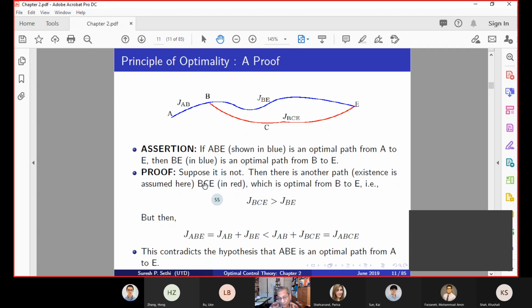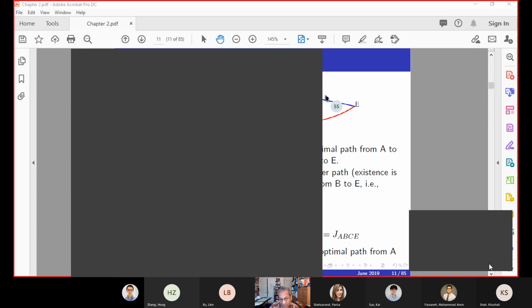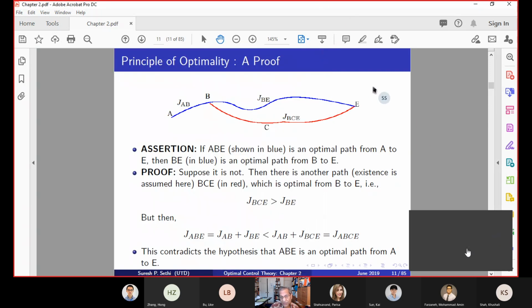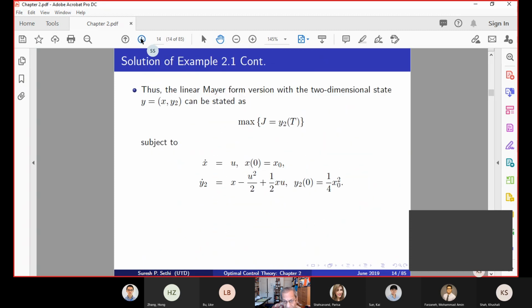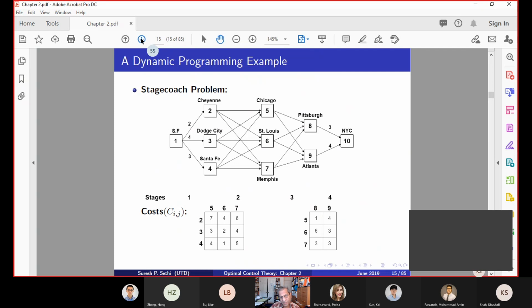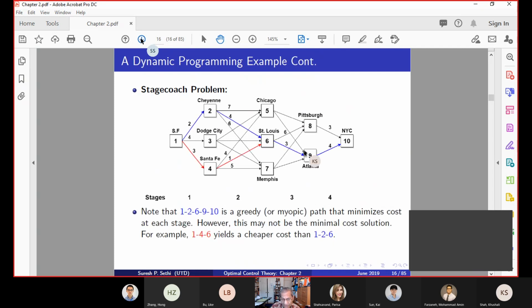Okay, so I'm going to leave you there. Please read the book, read the example. The example is not in the book. Sorry. This example is not in the book, so you read this example from the slides, okay?